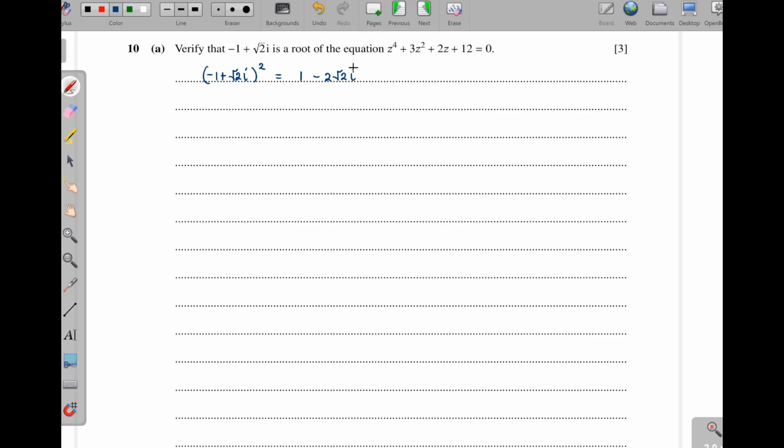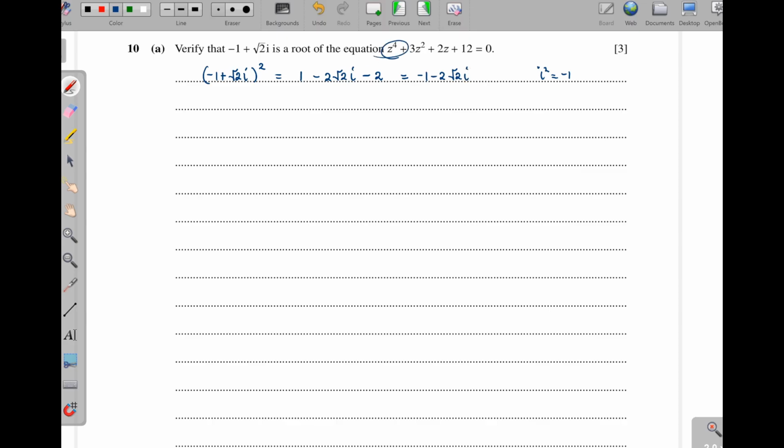And then I will square this, so we shall get 2, then i squared. But you know that i squared is negative 1. So that one should be known in complex numbers. So meaning that this one simplifies to negative 1, then minus 2 root 2i.